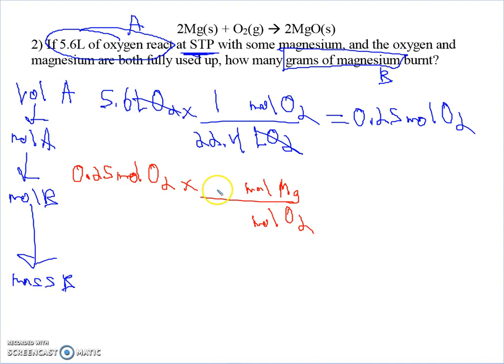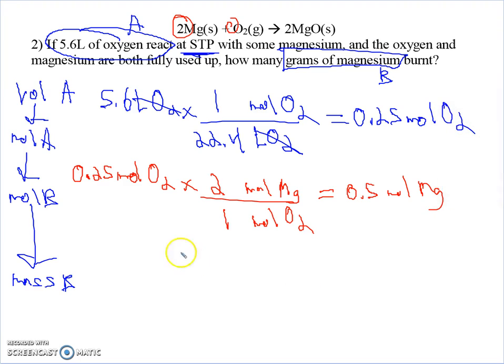And then, where did I get the conversion factor from? The numbers? I can look at my diagram, and it tells me to use the chemical equation. So I'm going to get the coefficients. So there's 2 Mg used for every 1 O2 used. So you do your math, you get 0.5 moles of Mg.